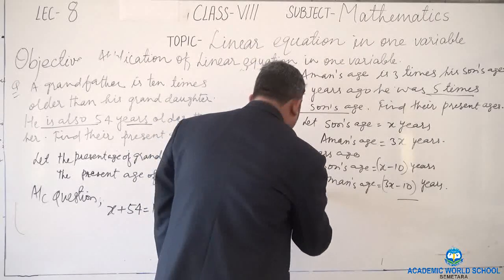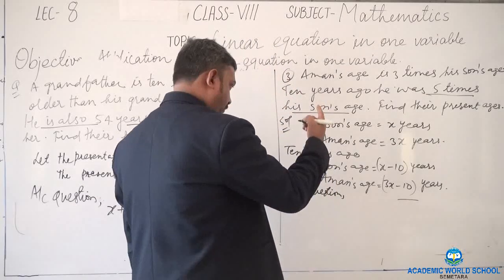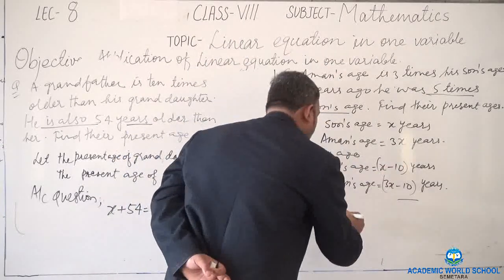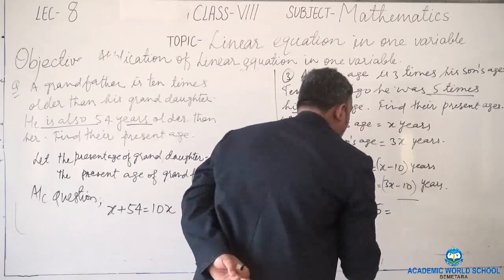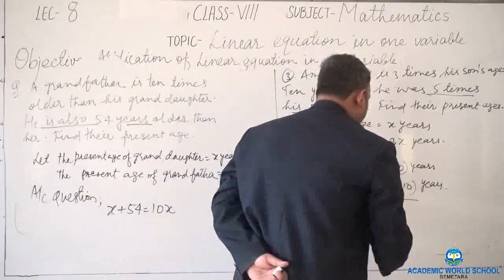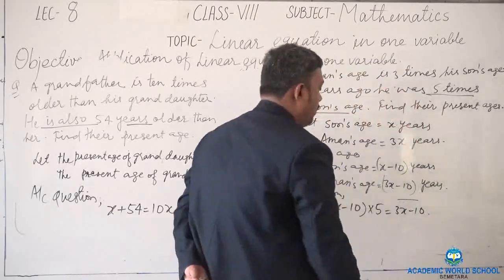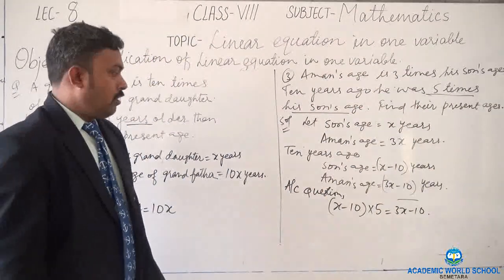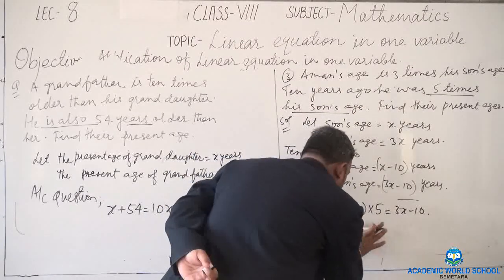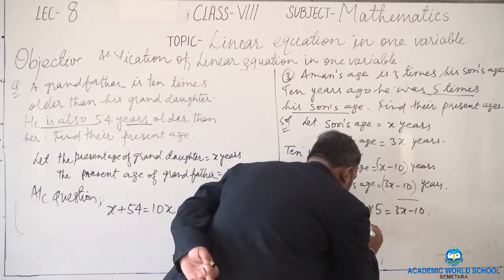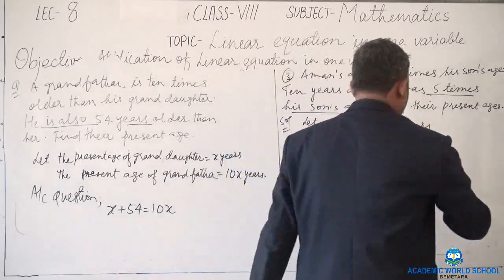So we write here according to the question. We multiply 5 with x minus 10. So x minus 10 into 5 equal to 3x minus 10. Okay, I'll simplify it. 5x minus 50 equal to 3x minus 10.